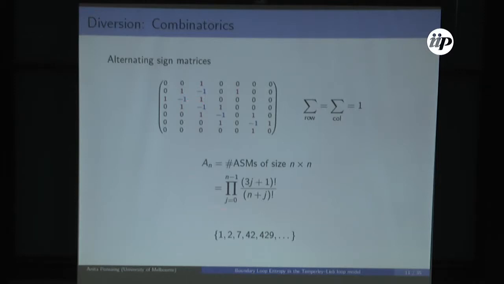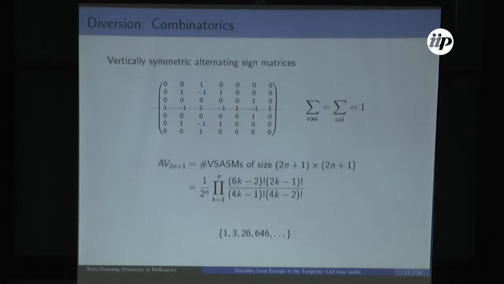And this is how many there are. That's represented by the letter A_n. And those are the first couple of numbers. So each permutation matrix is an alternating sign matrix. So for size 3, there's 6 permutation matrices, but there's 1 extra alternating sign matrix, which has a negative 1. 1, 2, 7, 42, numbers that will come up again.